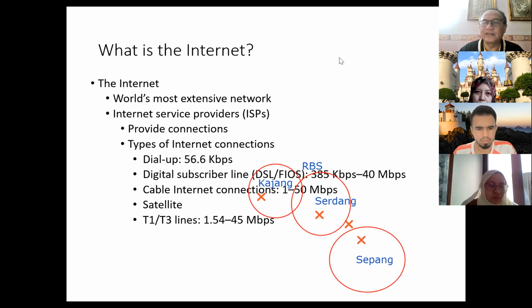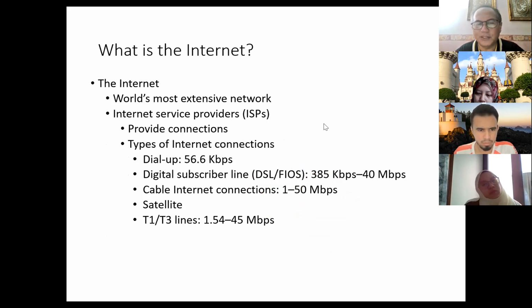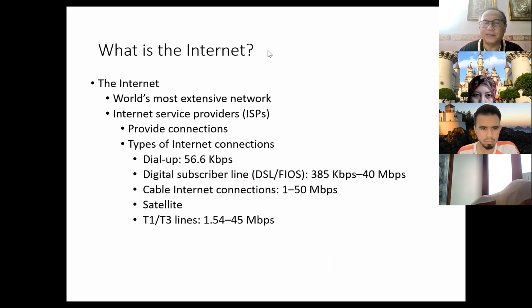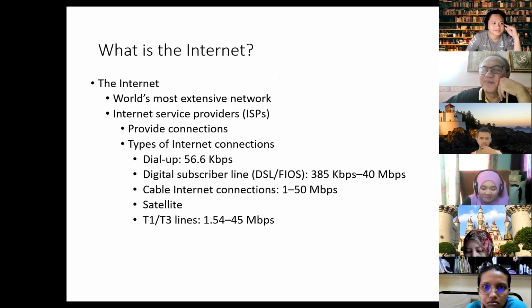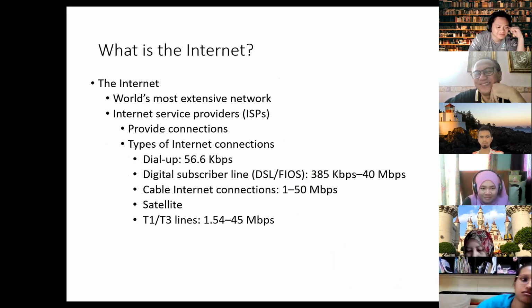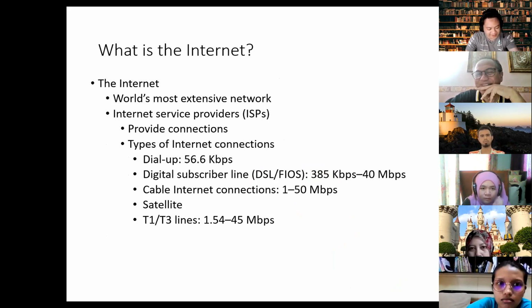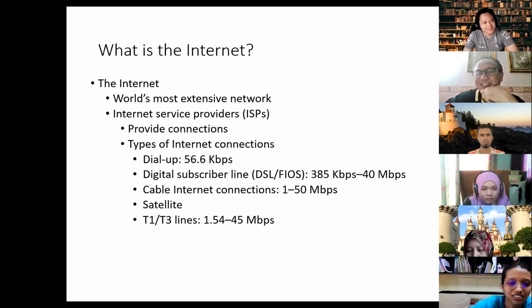And then the Internet is the world's most extensive network. It's always written with a capital I. Why is Internet written with a capital I? Rizky, why is Internet capital I? It's because there's only one Internet, I guess, Prof. Okay, it is only one Internet.